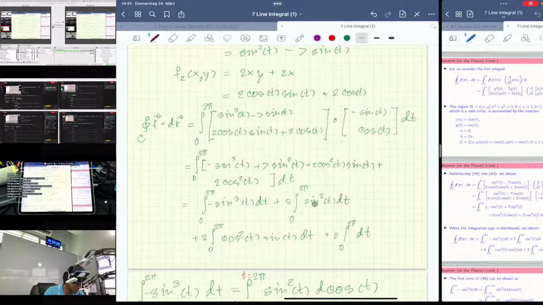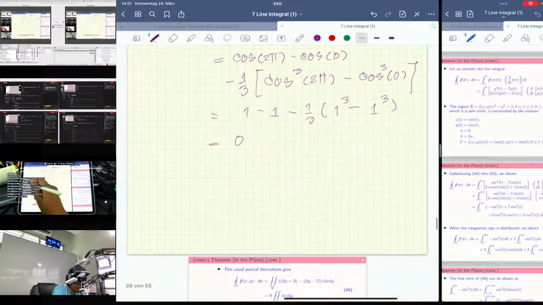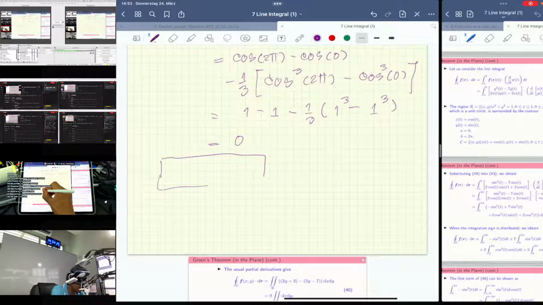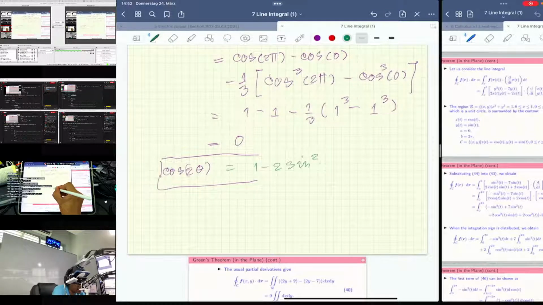Let's consider the second term, integration of sine square. Oh, sorry. Integration of sine square, you need to know the basic trigonometric identity. Cosine of 2 theta is equal to 1 minus 2 sine square theta, right?